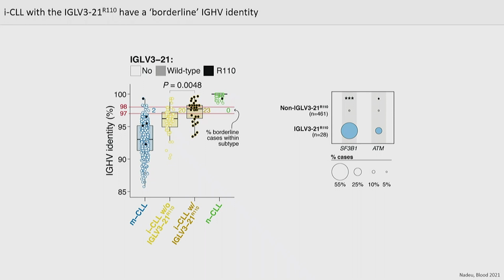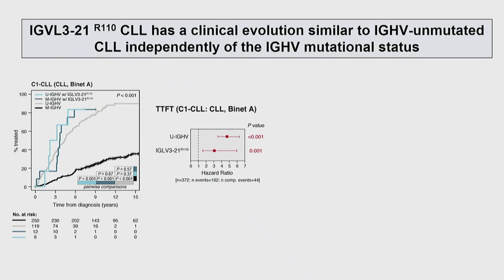We also demonstrate other things. For instance, these cases have an activation of the Wnt pathway that is not seen in the other CLLs. So this is, I think, a biological subtype of CLL that is determined by this mutation in the lambda V321 gene. And from a clinical point of view, we now confirm in more than 500 cases what had been seen before in smaller series.